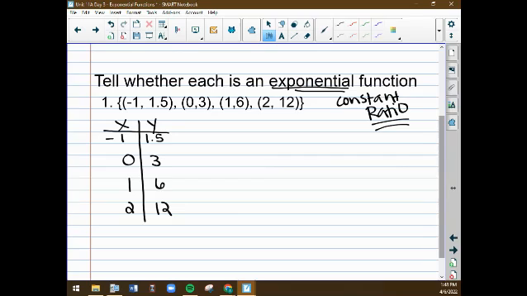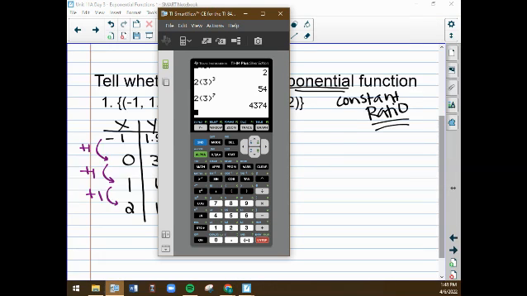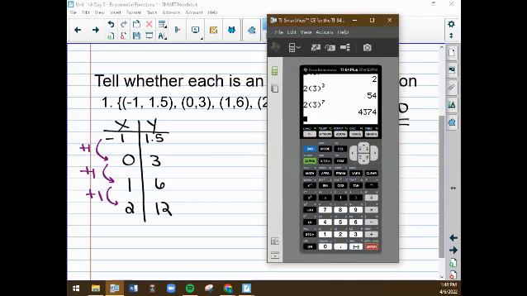Now if I look at my x's, I'm adding 1. And what's happening within my y values? We can find the constant ratio the same way we found it for our geometric sequences, by dividing backwards and seeing if it's consistent.